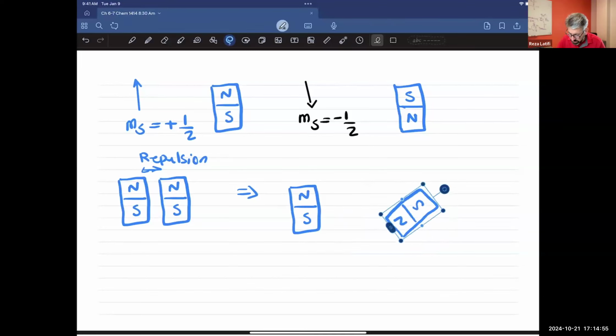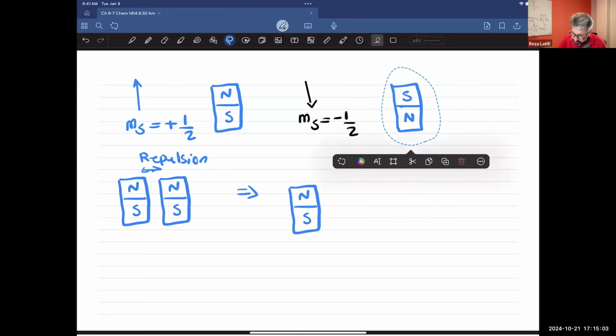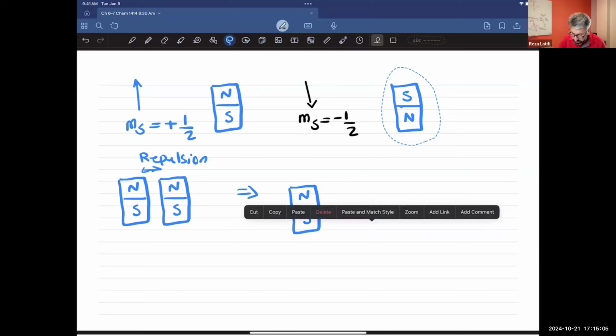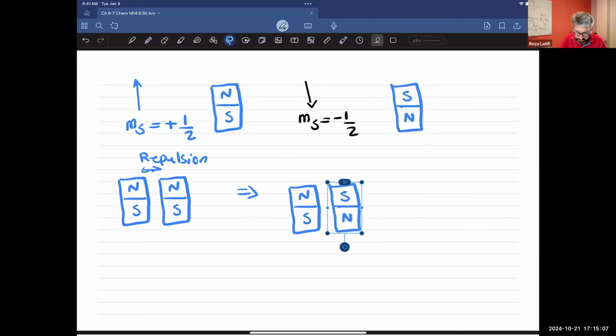Okay, if I flip this one, let's say we're just going to simply copy paste this one and put it close to the second one. So now I have an electron that is pointing up, while this one is pointing down. In this case, there will be an attraction force between the two magnets.